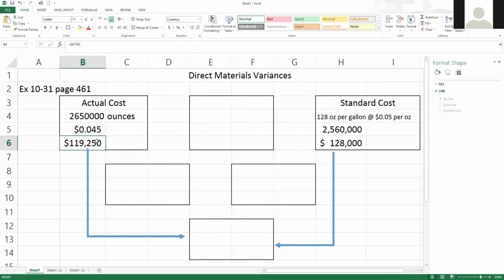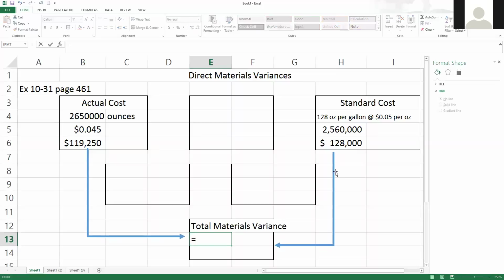Well, let's see how that compares. 119,000, 128,000. We were better than the budget. If you look at the standard cost as budget, we thought it was going to cost 128,000. We came in under budget. So we would say the total materials variance, and we would subtract the two. 128 minus 119, and we have to give a label to this.